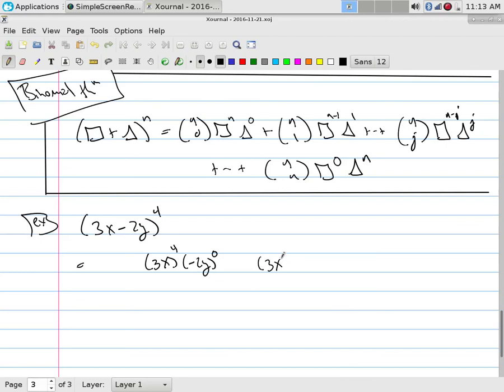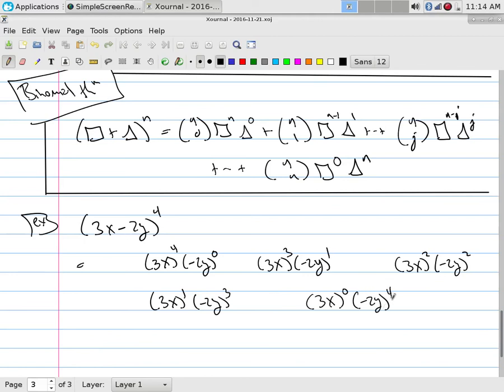We will have a 3x to the third, negative 2y to the first, 3x to the second, negative 2y to the second. We'll have a 3x to the 1, negative 2y to the third, and then a 3x to the 0, and a negative 2y to the fourth. Notice how the powers of one go down, the other go up.